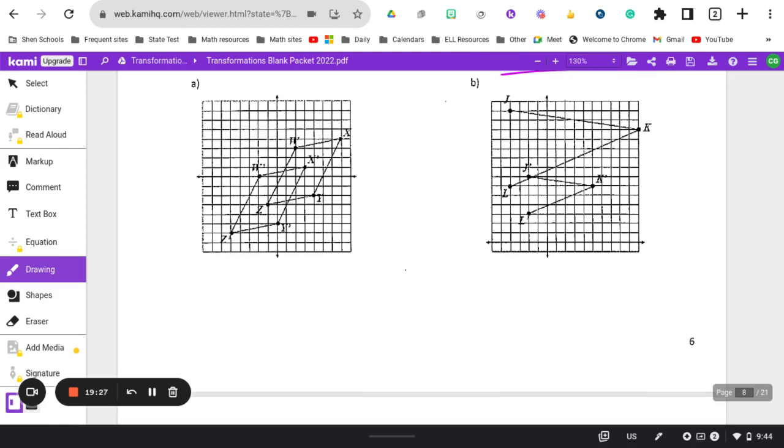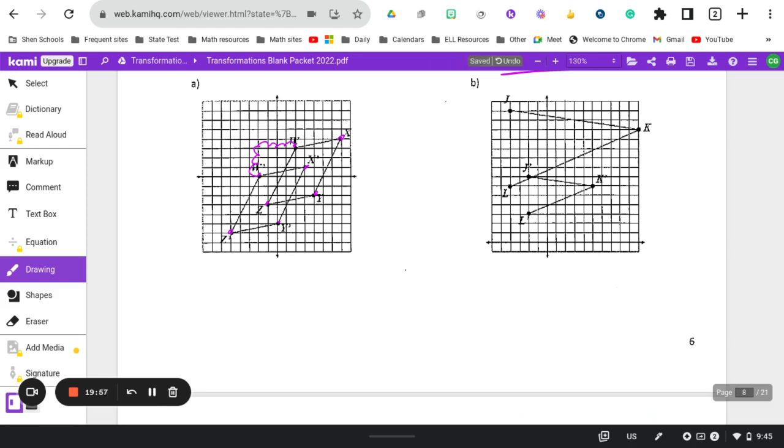Okay, so in the first one here, it looks like a translation occurred because here's my W and my W prime, my X prime, my Y prime, my Z prime. If I go to do the translation rule, if I count from W to W prime, it's 1, 2, 3, 4 units left, and 1, 2, 3 units down.